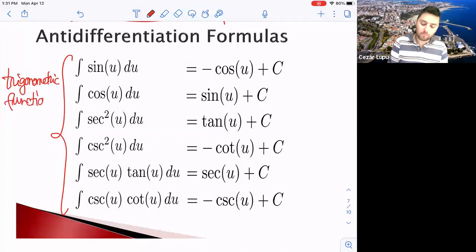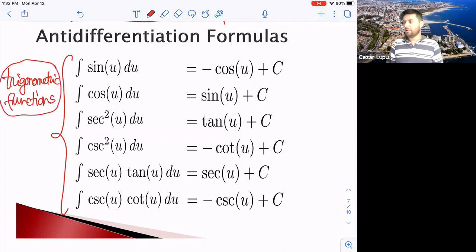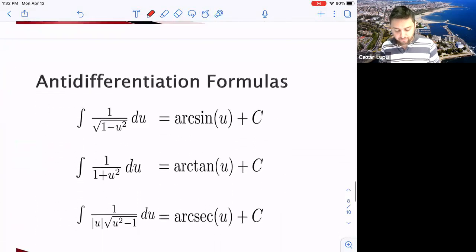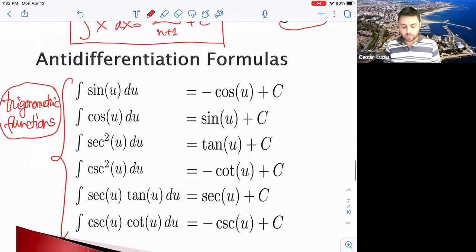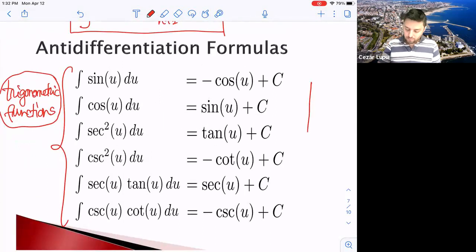But also, maybe you would like to see some more formulas which will involve some other type of trigonometric functions, maybe the inverse trigonometric functions. Now let's see that. And by the way, let me go back, this will be very important for you to know.